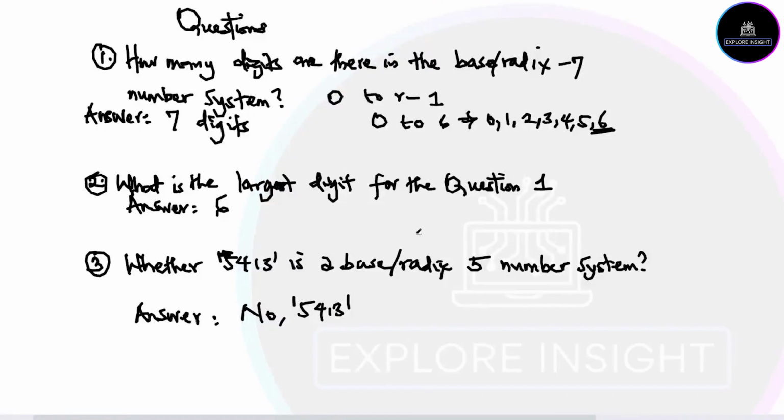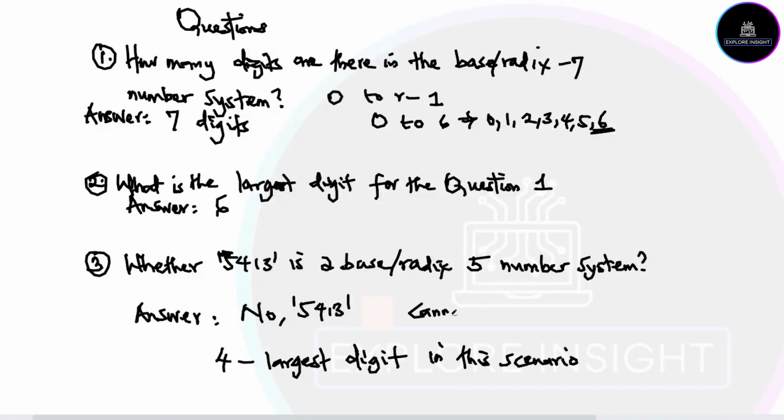Remember, for a base 5 number system, we are supposed to have 4 as the largest digit. So it cannot be a base 5 number system.